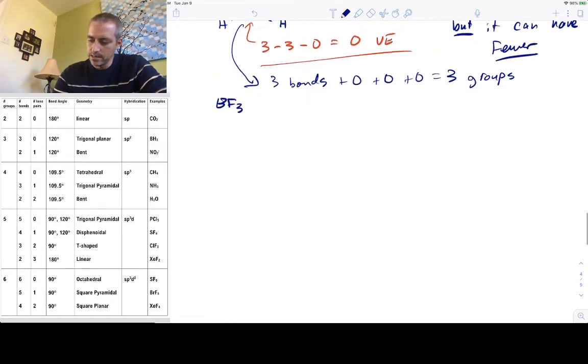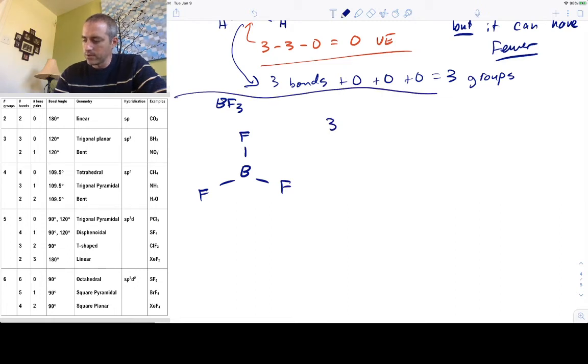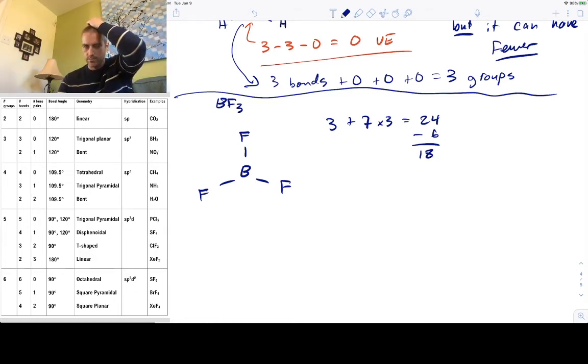BF3, let's go back to this. We have B, F, F, F. We have 3 valence electrons for the boron, plus 7 for the fluorine times 3. That equals 24. 7 times 3 is 21, 24. Minus 6 electrons gives us 18 for what's left.